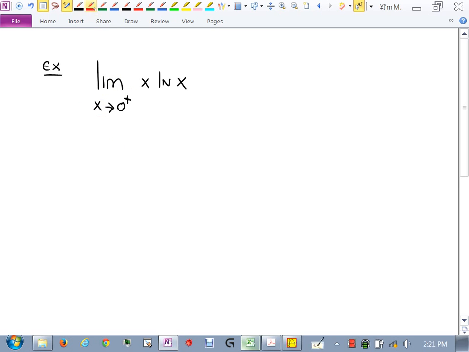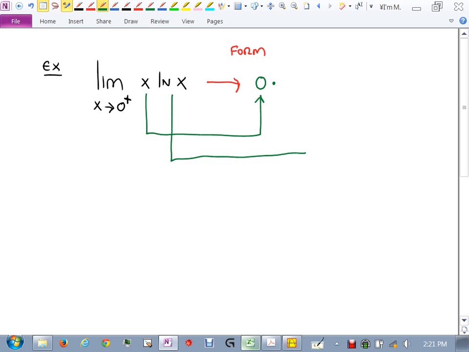So tell me where this goes. What's your form? This right here, x is going to 0, right? That's going to 0 times, and we said natural log of 0 is headed where? Negative infinity, right?